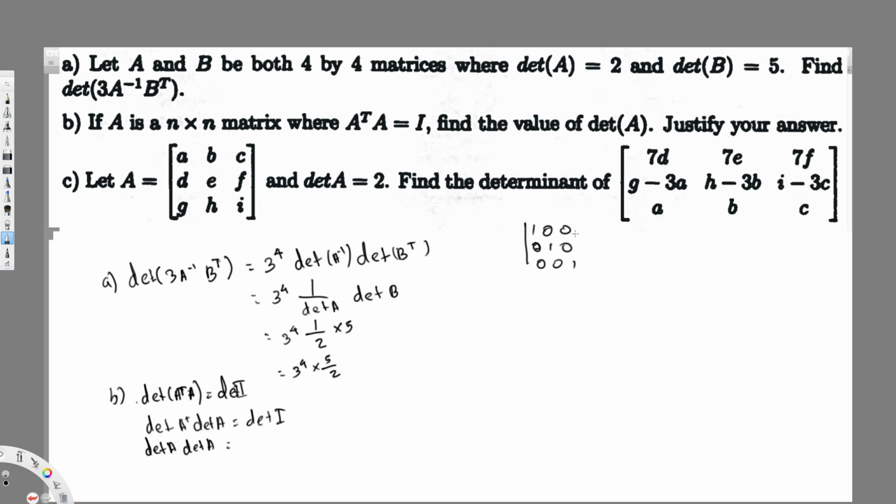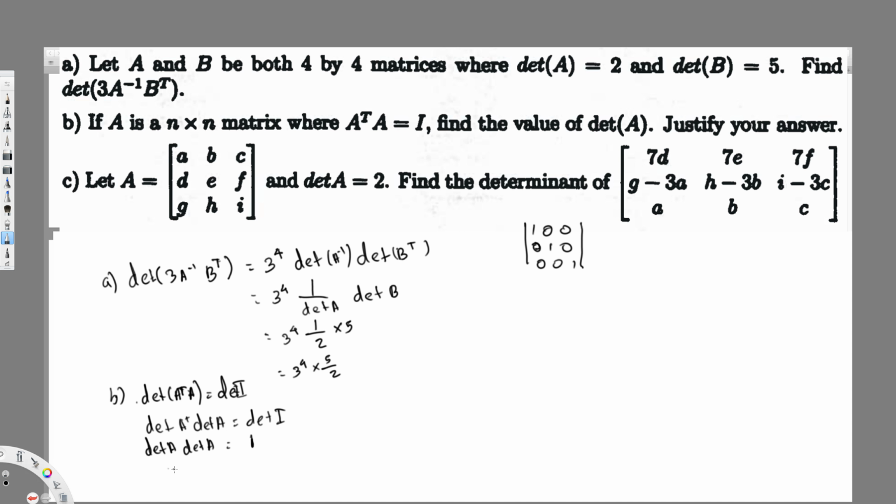Whatever size the matrix is, the determinant of the identity is just one.